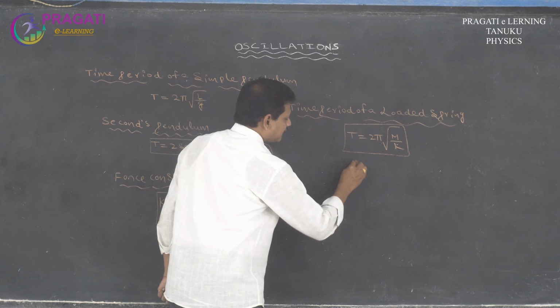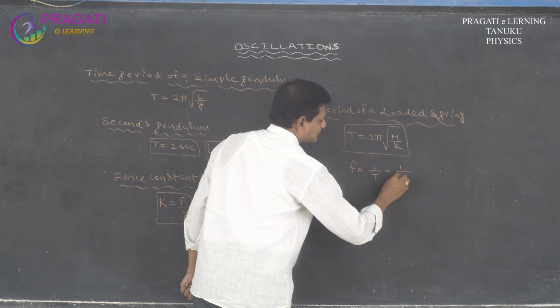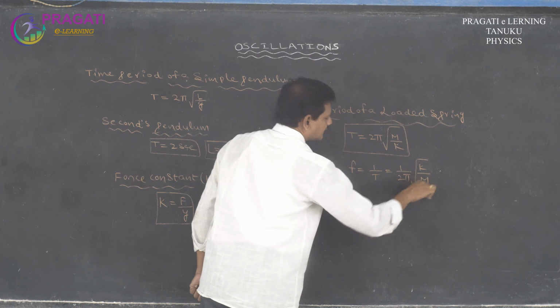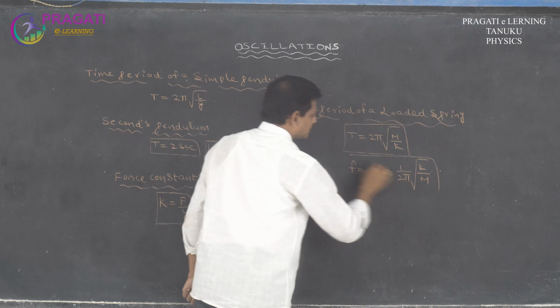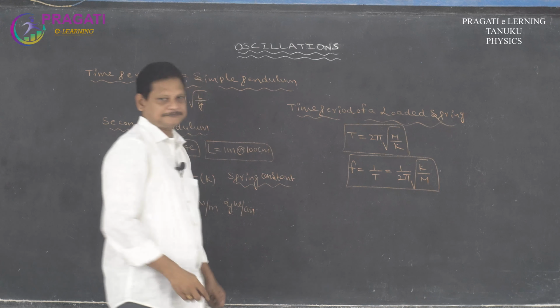The frequency of oscillations of a loaded spring, f is equal to 1 by T, that is equal to 1 by 2 pi into root over k by m. So, these are the topics covered in the last session.